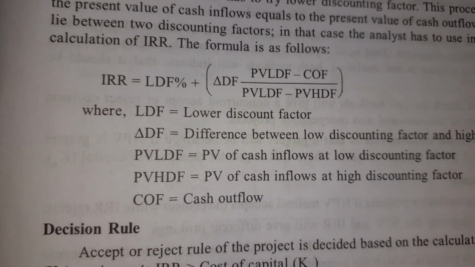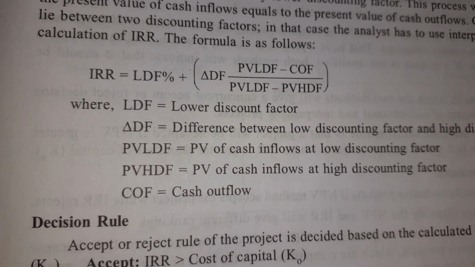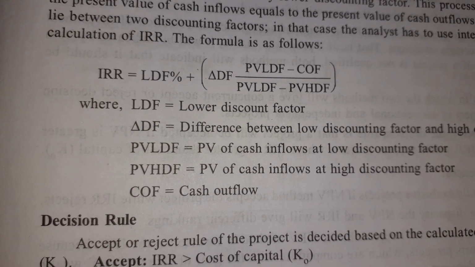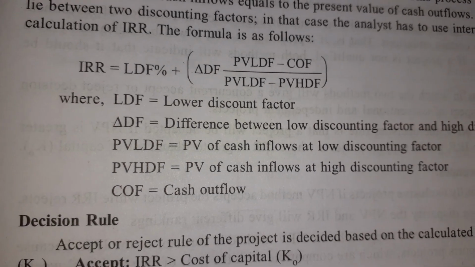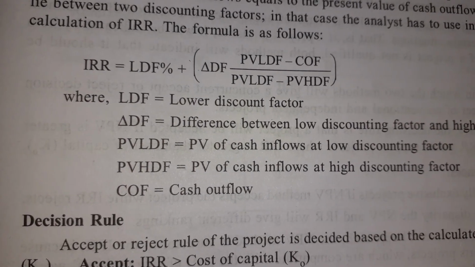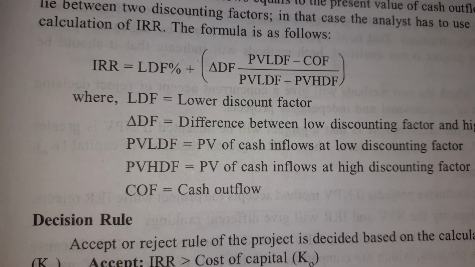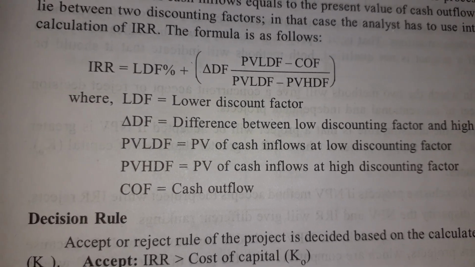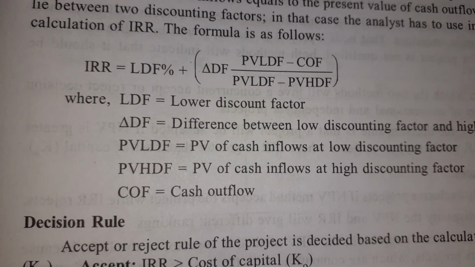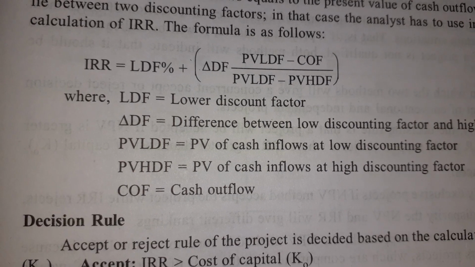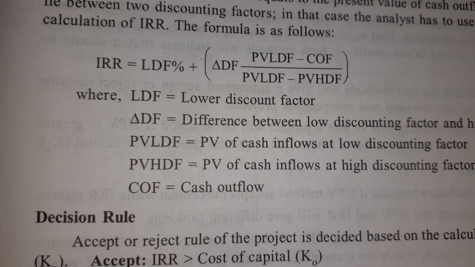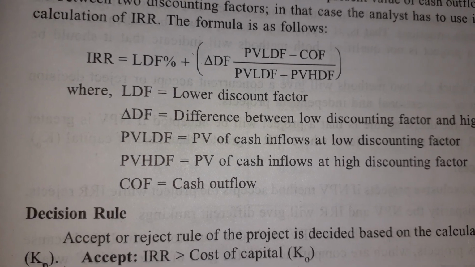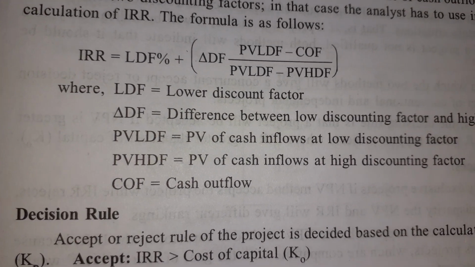Here is the formula: IRR equals LDF percentage, the lower discount factor percentage, plus, in the bracket, the change in the discount factor. We will be taking two discount factors, so what is the change in that? The present value of lower discount factor minus cash outflow, divided by the present value of lower discount factor minus the present value of higher discount factor.